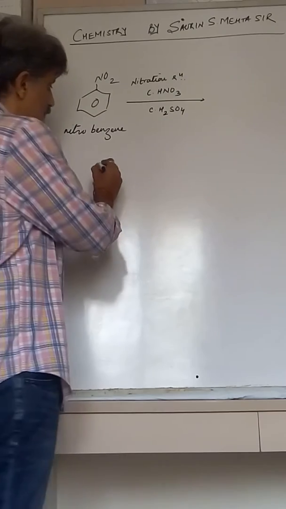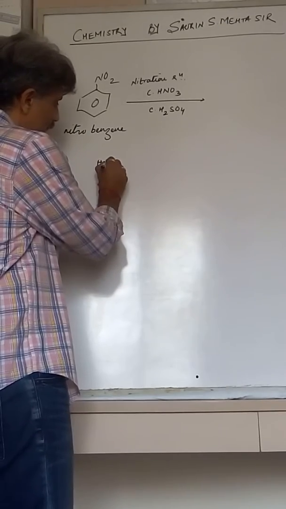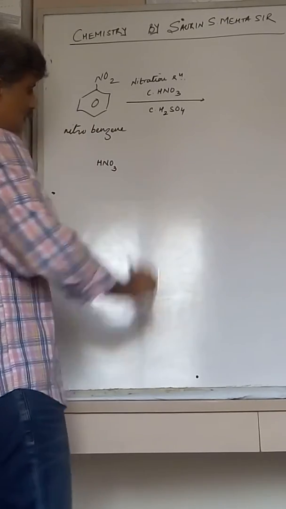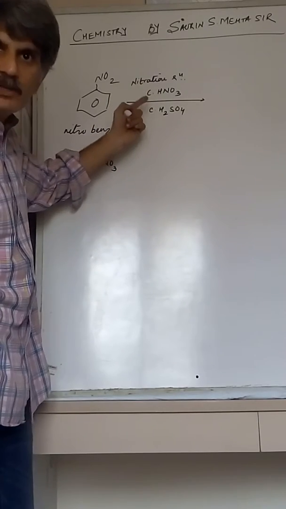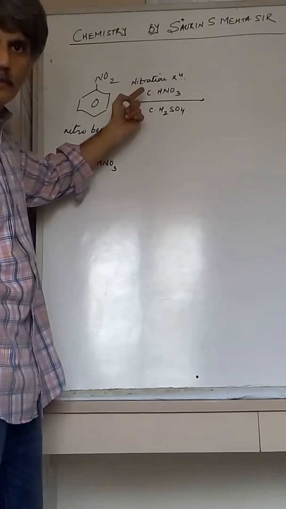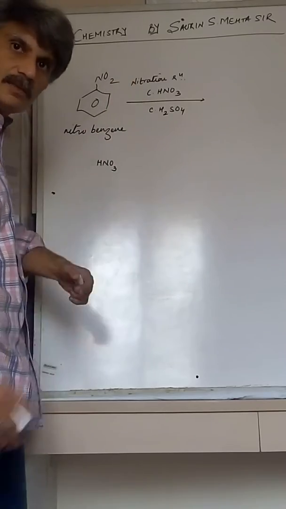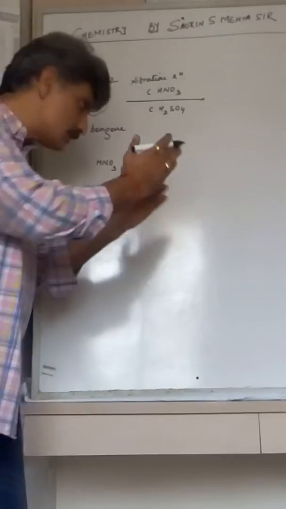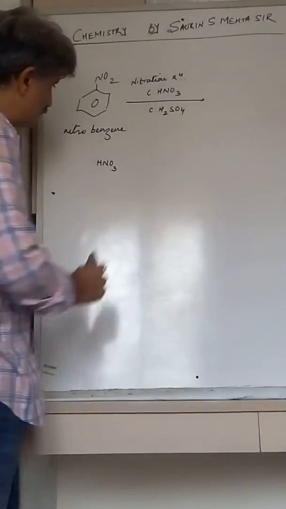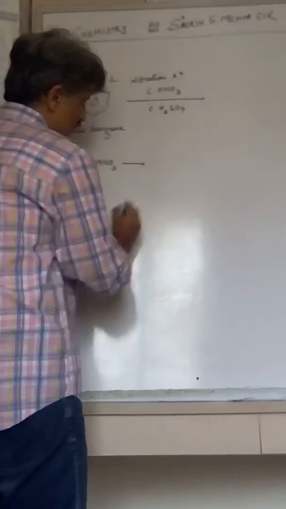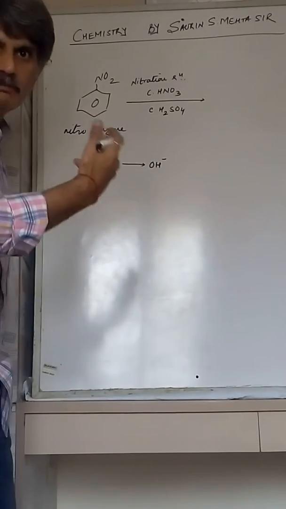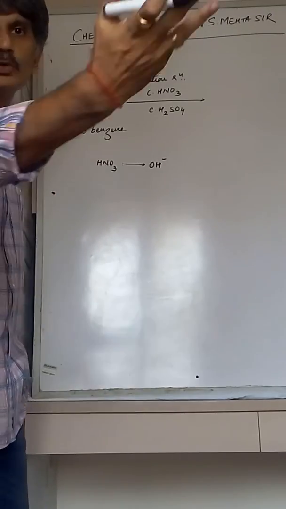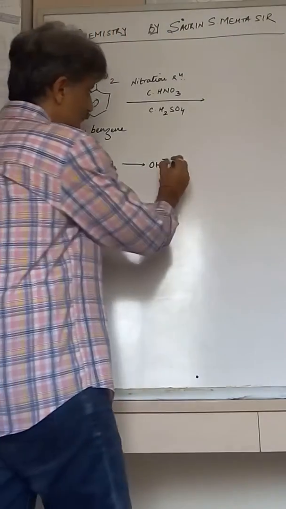That is HNO3, which is a weak acid as compared to sulfuric acid, will act as a base as we saw in the last episode. Same thing will happen over here. So nitric acid will once again form OH minus ion, because you know it is a base and base always has a tendency to lose OH minus.